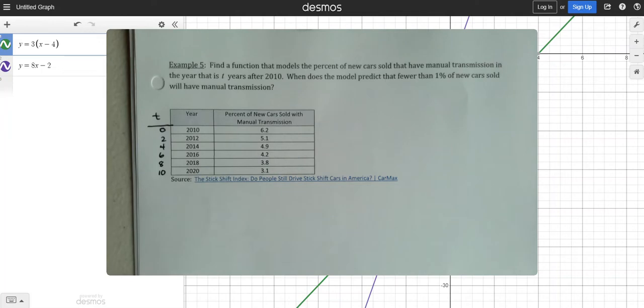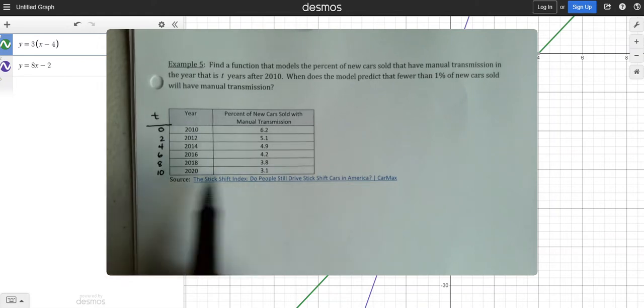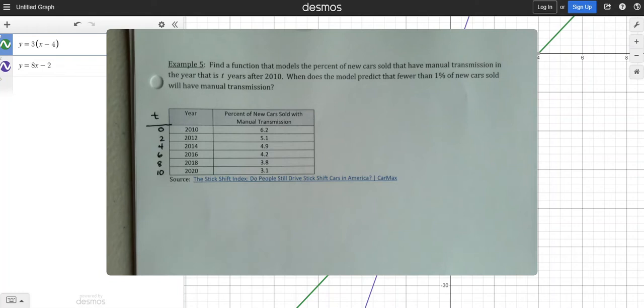And first of all, we probably need to come up with a model. We're hoping this is going to be linear. It's the only modeling type we have so far. So we'll go ahead and put this data on a graph, verify that a linear model is appropriate, and let's start by just getting a linear model for that data. And then we can go on and answer that question.